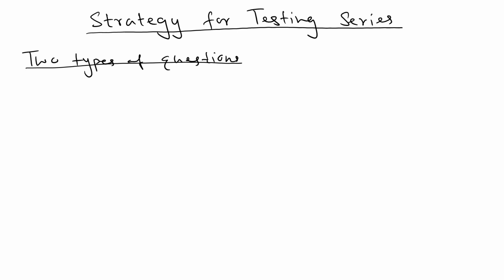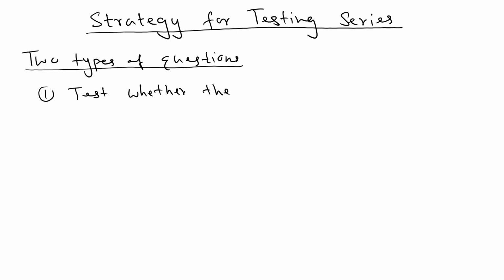The first type of question can just ask whether the series converges or diverges. So that is the first type of question.